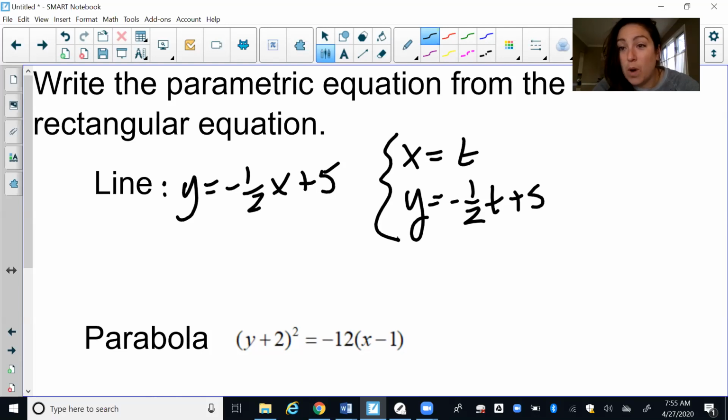Another way is if you want to actually make the line go in the same direction, down 1, right 2, down 1, right 2, like we have here, because this one is going to actually go right 1, down 1/2, right 1, down 1/2, looking at those slopes.